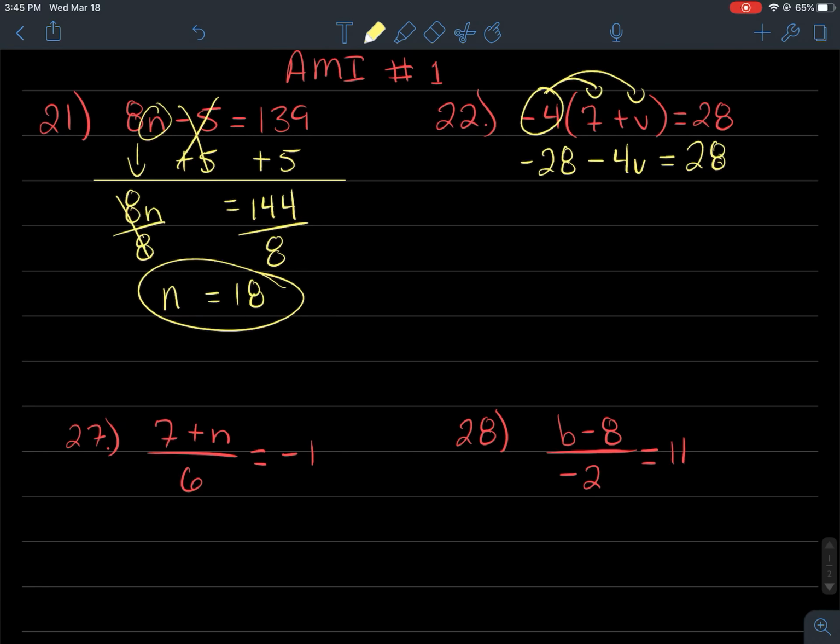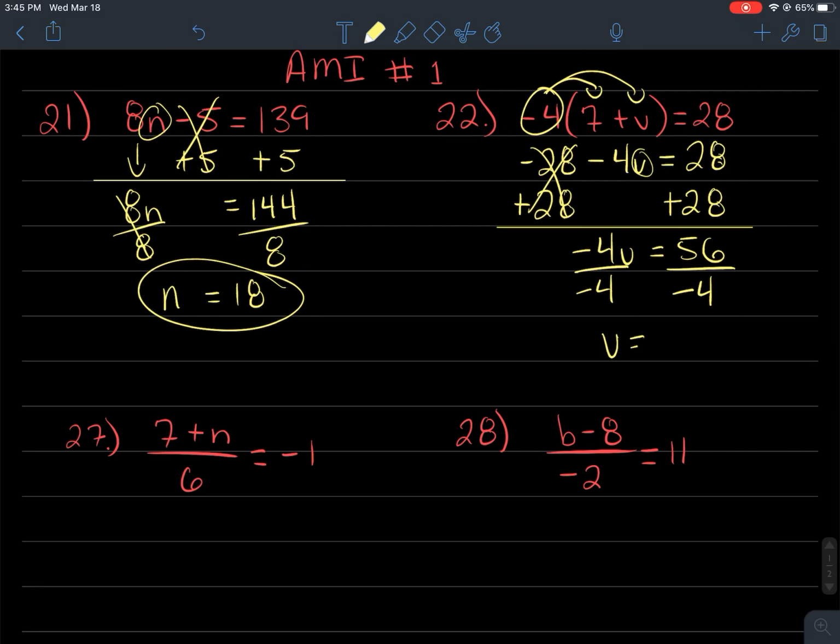Next step is to add 28 to both sides, because remember, we're trying to solve for v right here. Negative 4v comes down. Minus 28 plus 28 cancels, and it's equal to 56. Last step, divide both sides by negative 4, and you get v is equal to, I believe, negative 14.